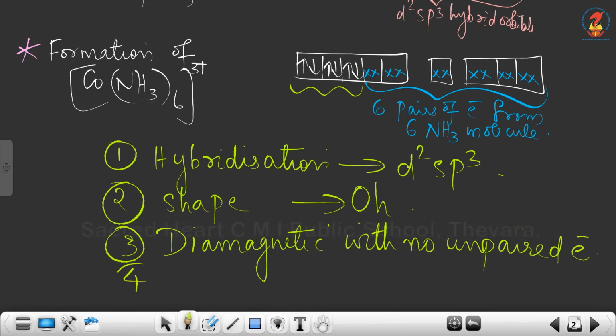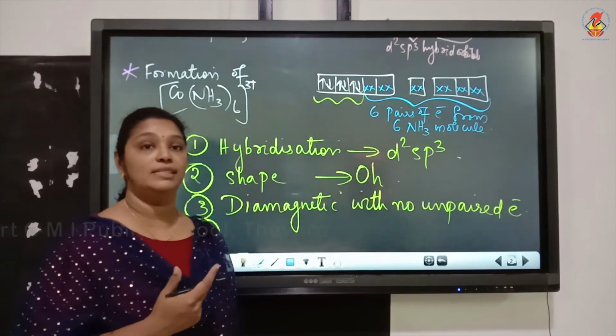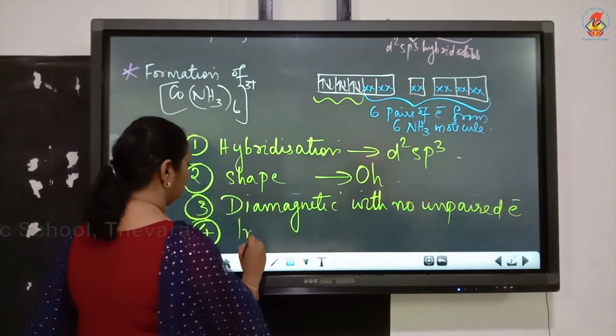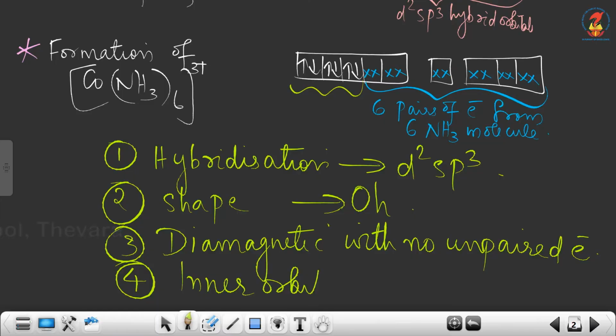Now one more thing you have to write is whether it is an inner orbital or outer orbital complex. Here, which d orbital is involved in hybridization? The inner d orbital. So this is an inner orbital complex. Is it a high spin or low spin complex? Inner orbital, or low spin complex.